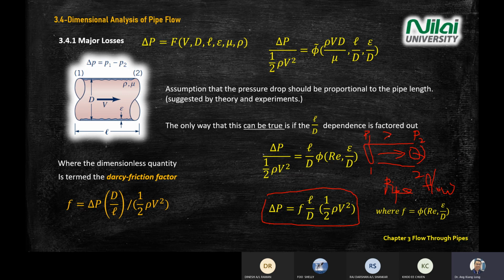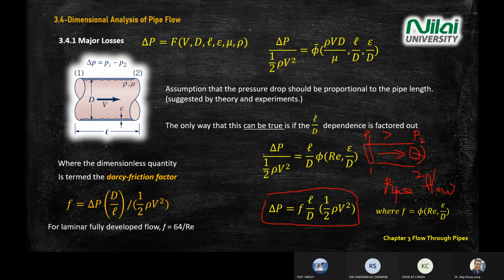And to calculate the drop of pressure between these 2 points, you use this equation, delta P equals FL/D times your dynamic pressure, half rho V squared. I think you've seen this one before in your 3179 last chapter. Okay. And remember, when you have a laminar flow, you can straight away use 64 divided by Reynolds number. You can see this in the previous slides.